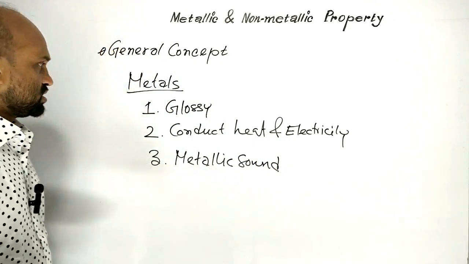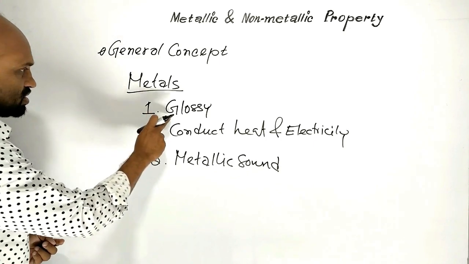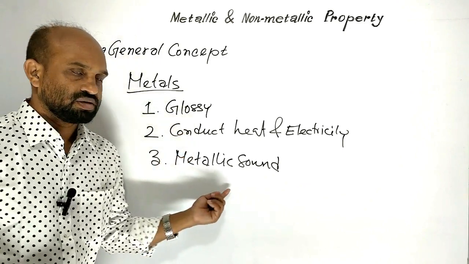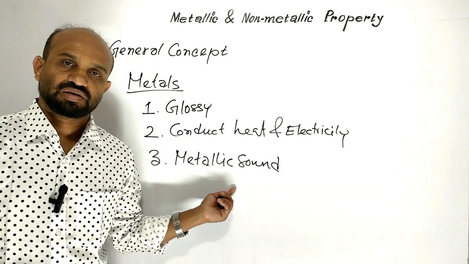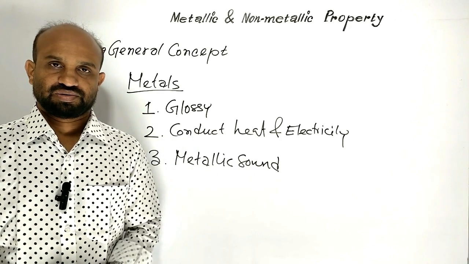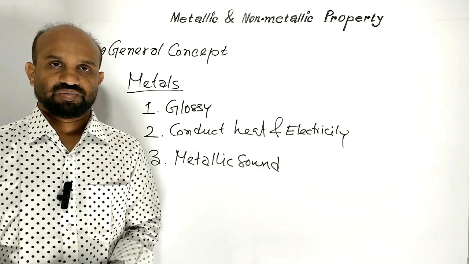So the elements that are glossy, conduct heat and electricity, and produce metallic sound when struck, those elements are called metals according to the general concept.